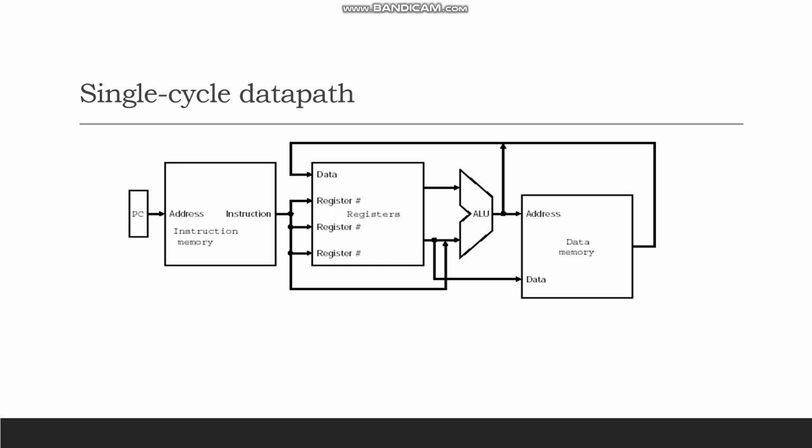This is the reason for assuming separate instruction and data memories. An advantage of the single cycle data path is that it is simpler to design. A disadvantage is that the speed of the machine is determined by the time for the longest path.